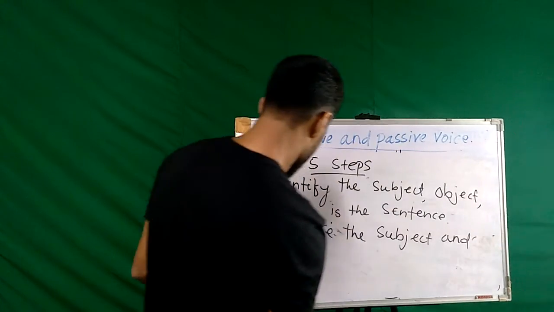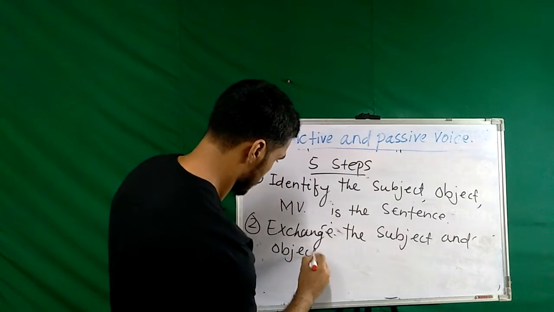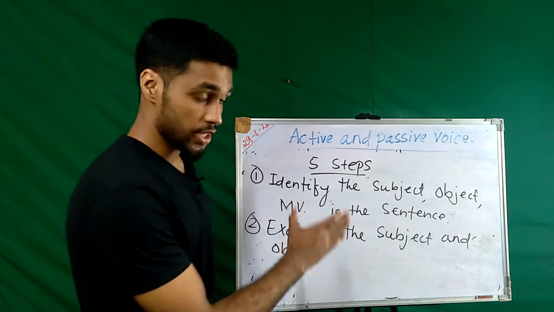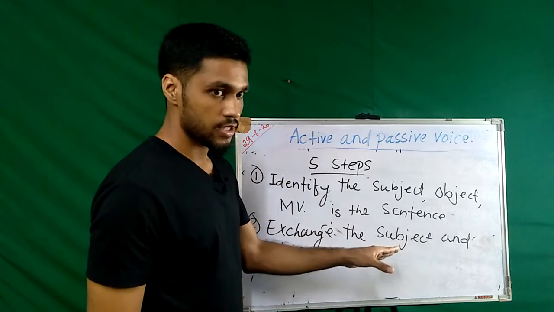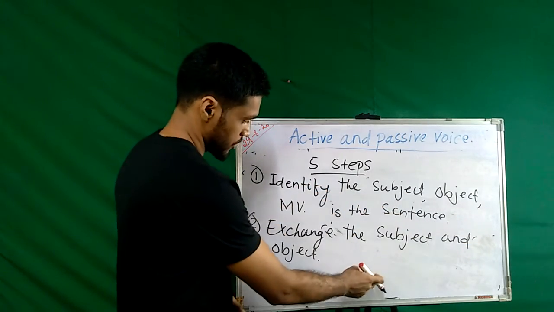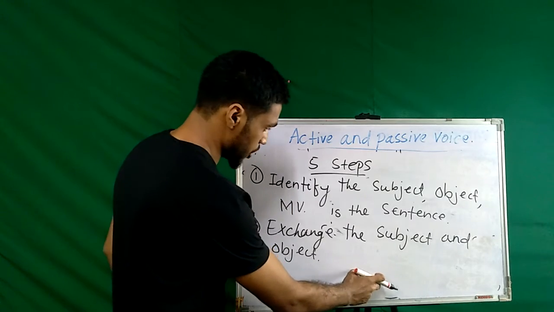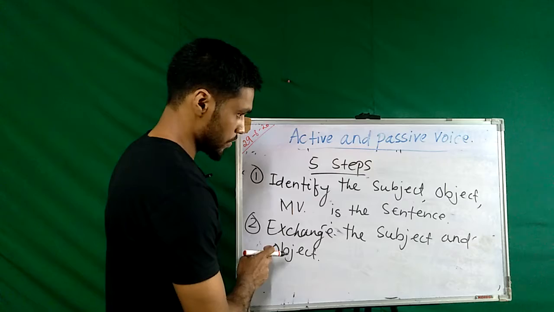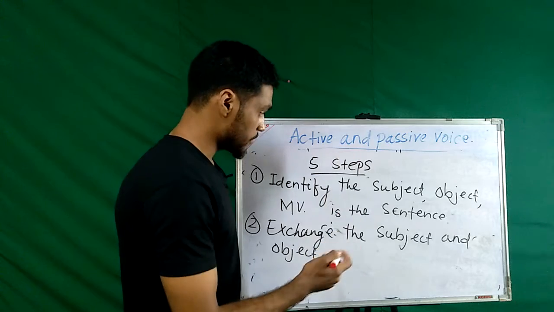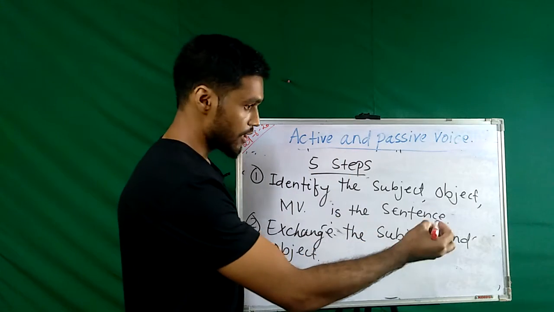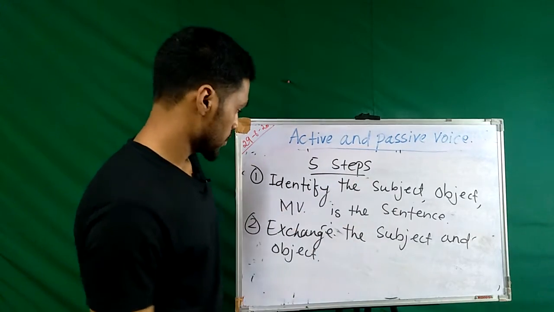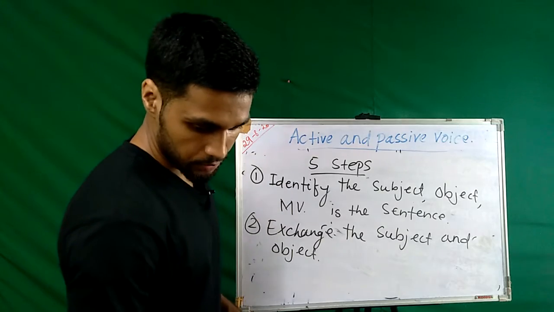So in the second step, we change the place of the subject into the place of the object, and the object will be in the place of the subject. So this is the second step.